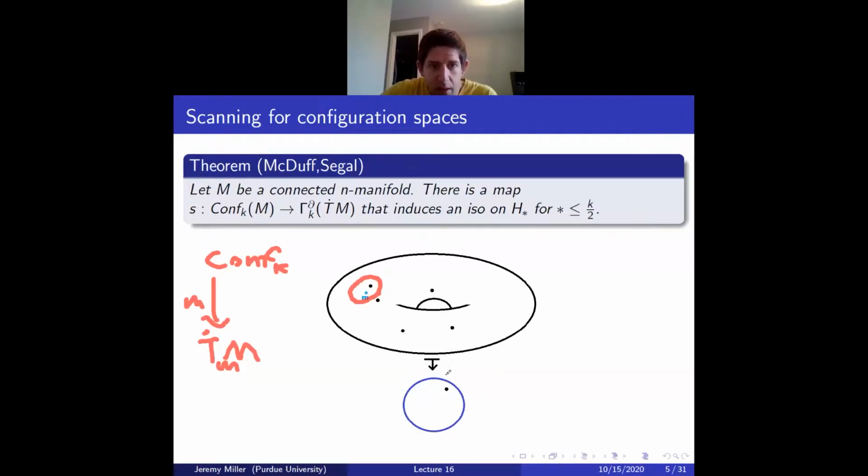So if you see one point, then the map has to send it to the tangent space T_m M at this point m. You think of this point as a vector going to that point. And if you see zero points, then the vector is of infinite length.